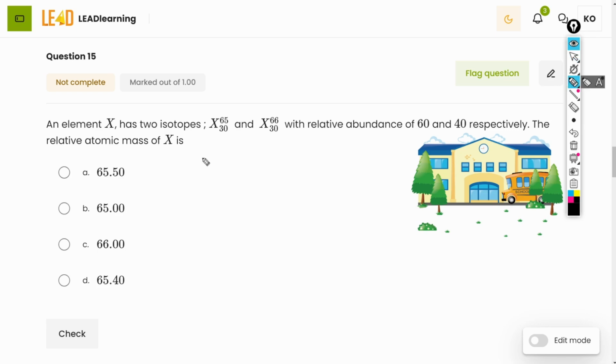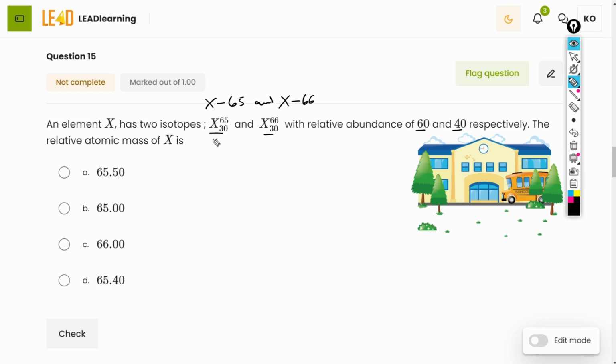Question 15. An element has 2 isotopes, X65 and X66. Yes, sometimes it is written as X65. We write the atom and then its atomic mass, and then X66 with relative abundance of 60 and 40 respectively.